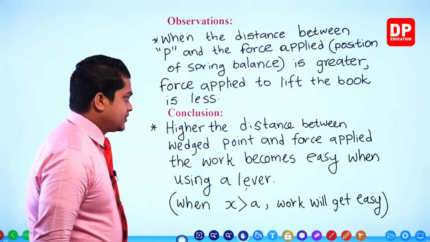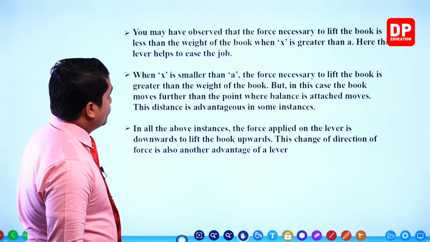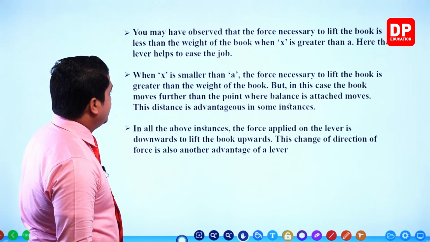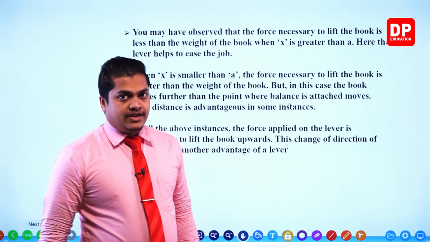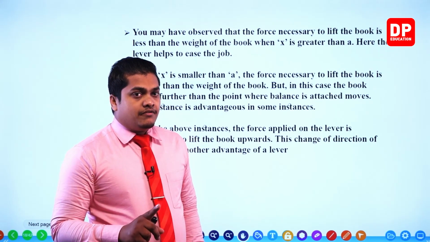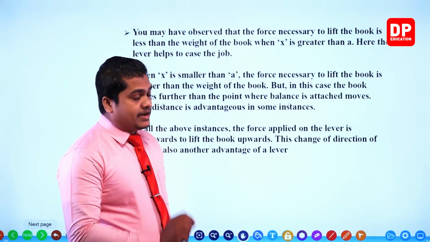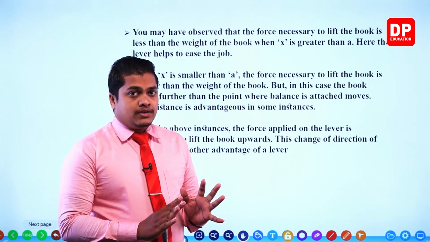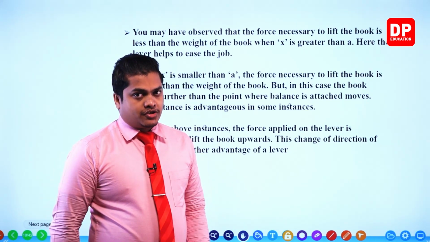Okay then. So then given, you may have observed that force necessary to lift the book is less than the weight of the book when x is greater than a. Here, lever helps to ease the job. So like we said, my dear children, can you remember, when the distance x is greater than a, what will happen? We can lift the book by applying a lesser force than the weight of the object.